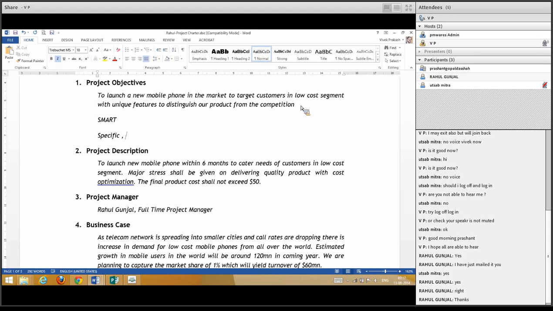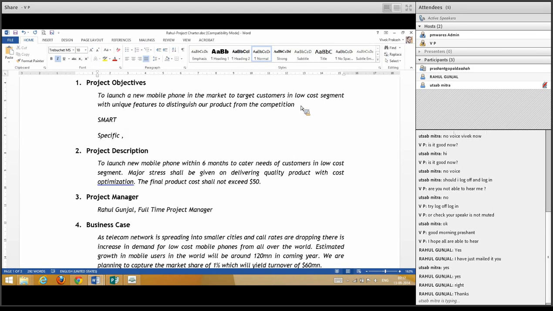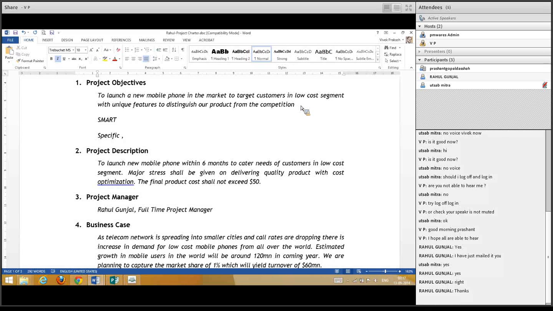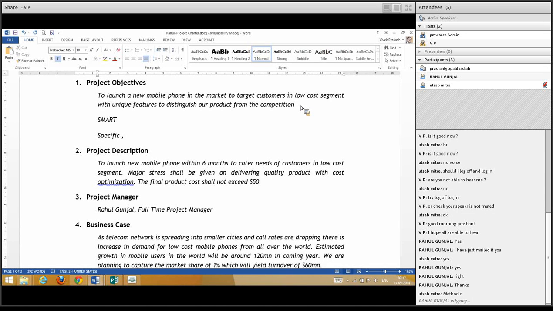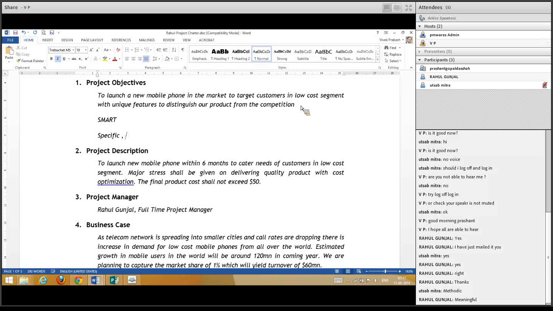What does M stand for? Methodic? No, it's not methodic. Meaningful? No, it's not meaningful. It is measurable.